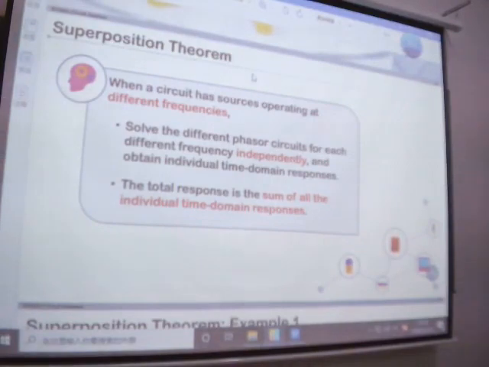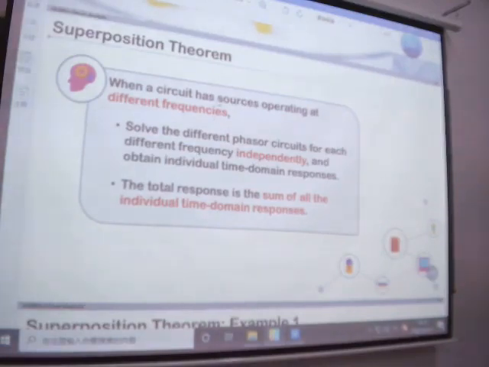For this type of analysis, we should use superposition. In practice, we actually need to change the angular frequency to the same. But here it's just a case. It just tells you if you have some sources in a circuit that don't have the same frequency.